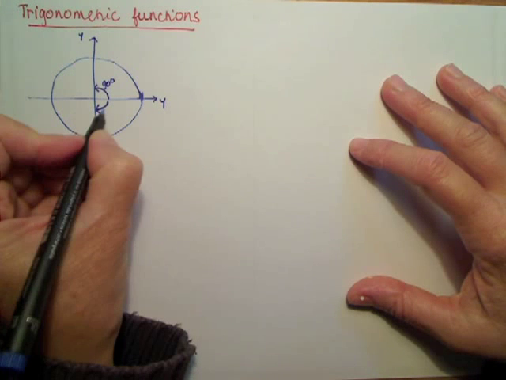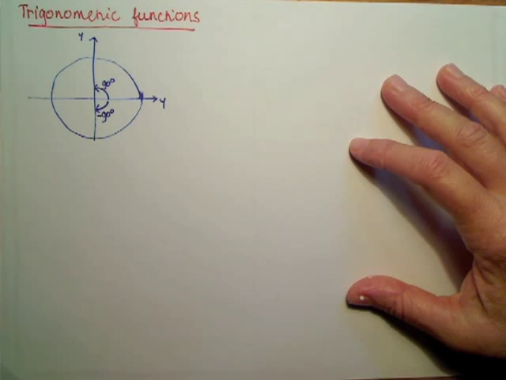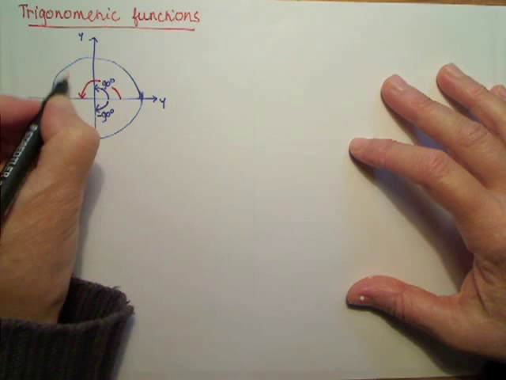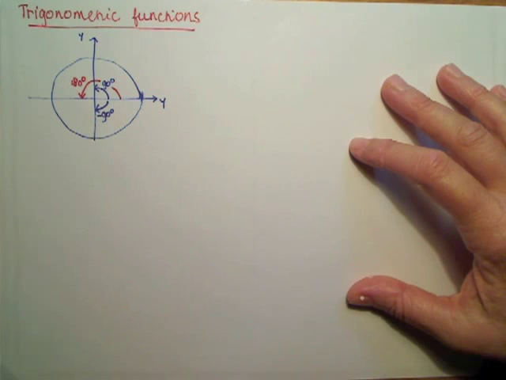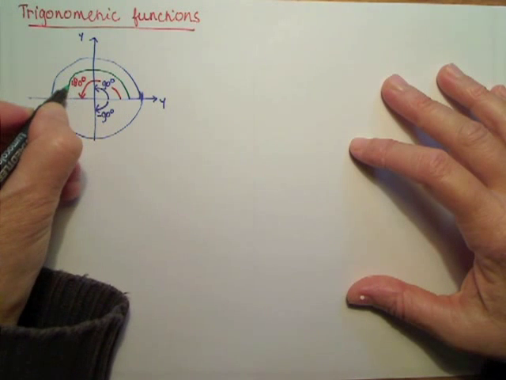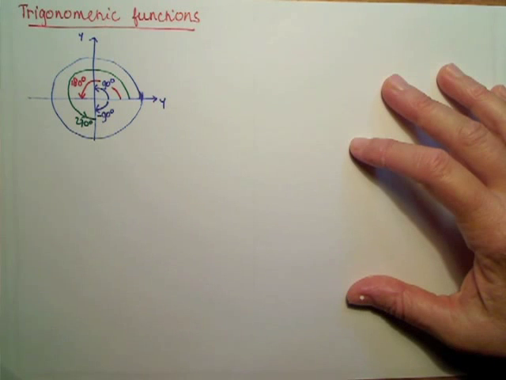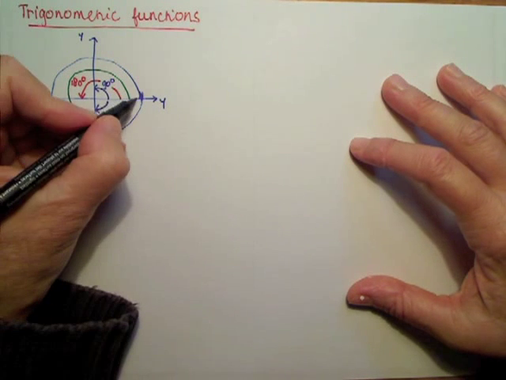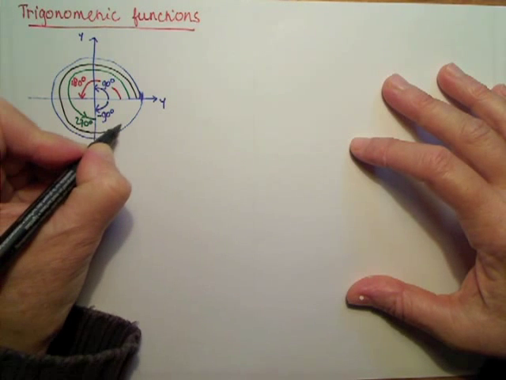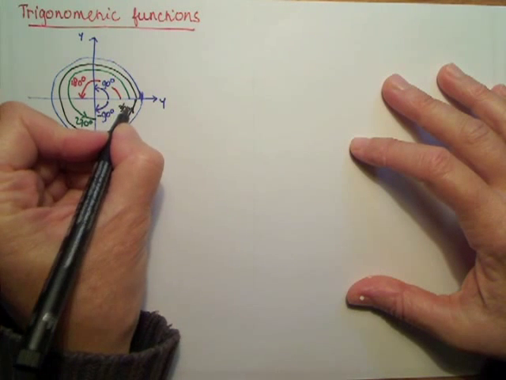If we go with the clock, then we get minus 90 degrees. 180 degrees is this angle, 270 is this one, and 360 is a full round. Again, minus 180 is half a round the other way around, and so on.